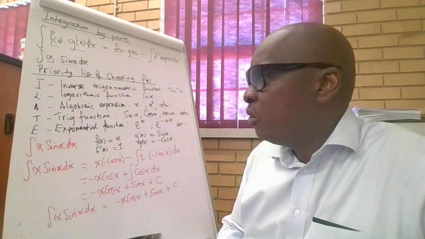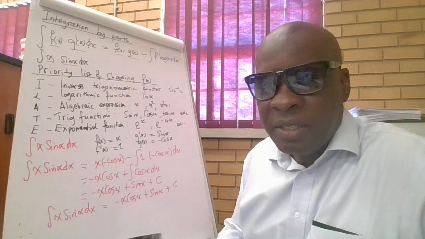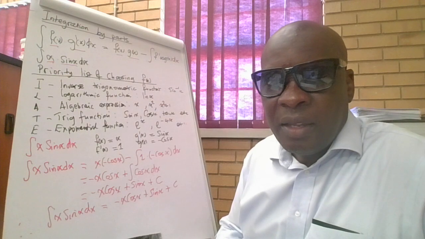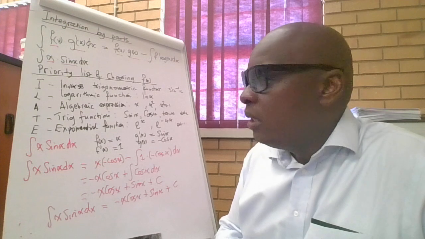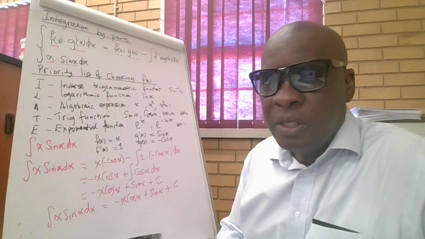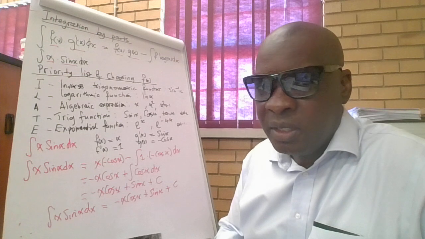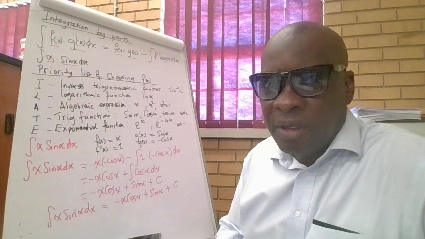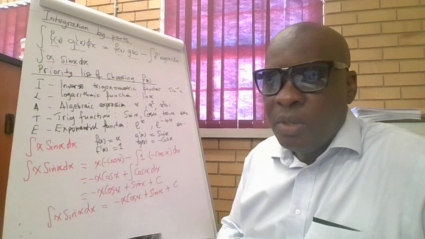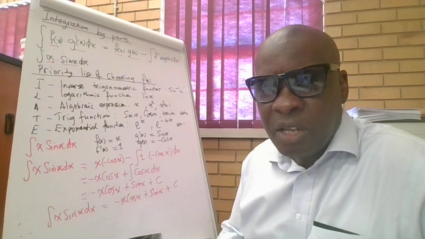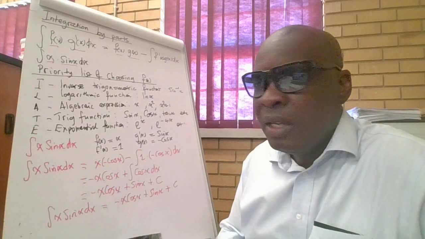You may find that you have to apply the formula several times, and you may not be able to get a solution. So that's why it is very important to look at the priority list and use it as it is given there. So that's just a brief summary of how to integrate by parts.